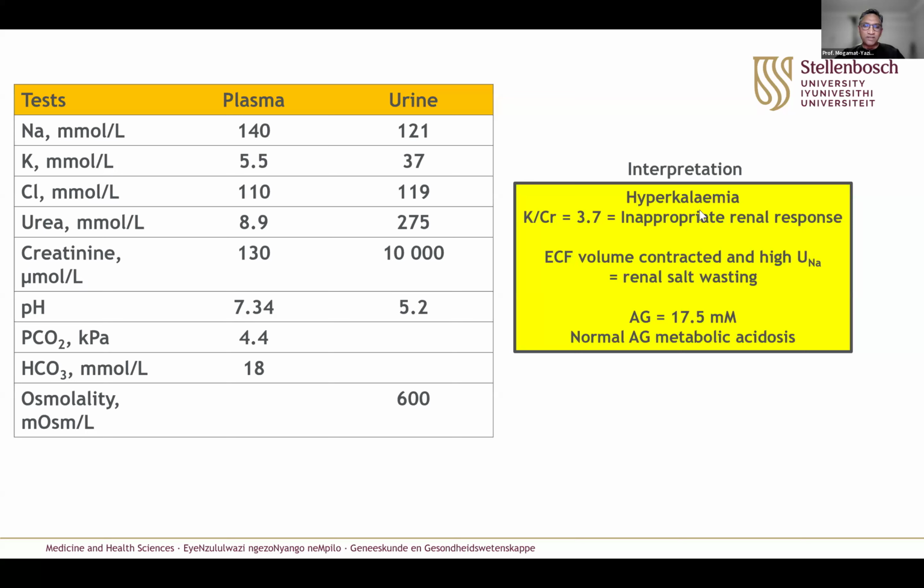So generally, I prefer ECF volume contraction because it puts the focus in your mind that the ECF compartment is contracted and that the fluid you need to administer is to specifically expand the ECF compartment. This is why you'd use something like isotonic saline or Ringer's lactate, because the isotonic fluid, which has the same osmolality as blood, will remain in the ECF compartment.